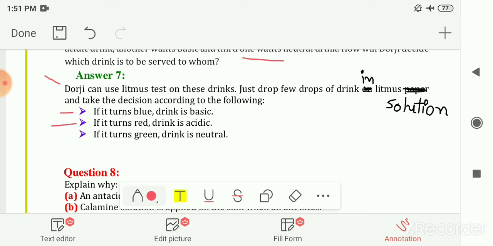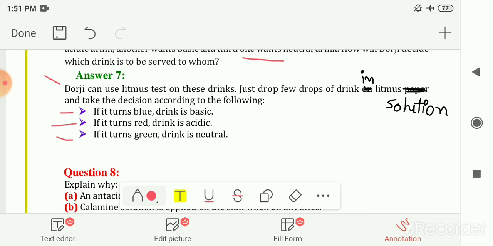An acidic solution turns red when added to litmus solution. And if it turns green, then the drink is neutral. As we have seen, litmus solution turns green if the solution is neutral in nature. So this is how Dorji can decide the nature of the solution.